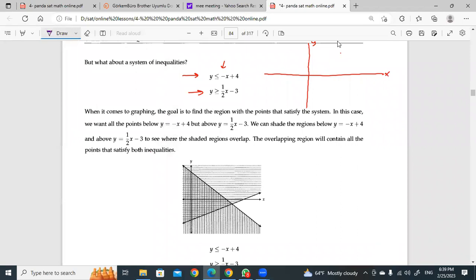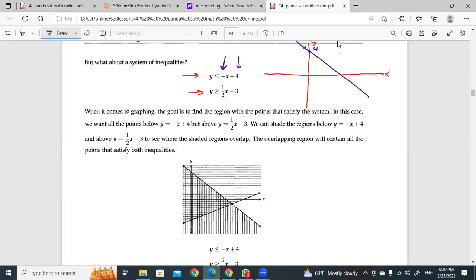Down. Going down. And where is the y-intercept? It's positive 4. So I have positive 4 and a line like this, falling down from the 4. This is the first line.